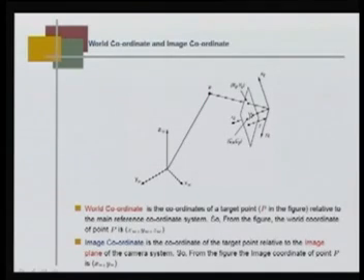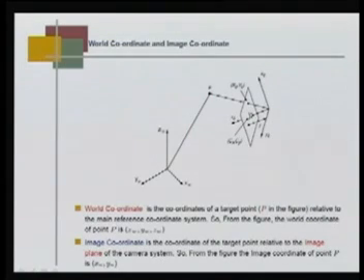What is image coordinate? The camera is placed in this reference plane, it has a focal plane, and in this focal plane the object has a position, and that position is XU and YU. Image coordinate is the coordinate of the target point relative to the image plane of the camera system.